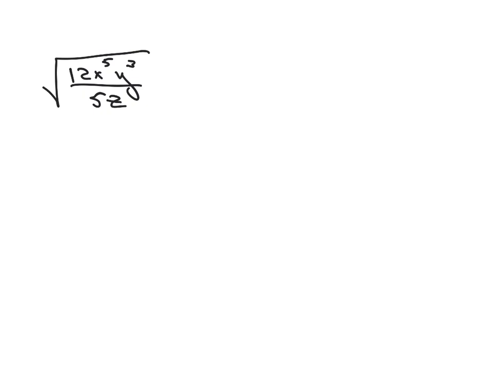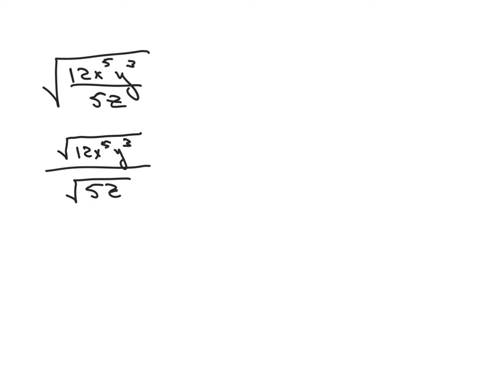Now, the first thing you're going to do when you simplify this is you're going to change this to 12x to the 5th y cubed, square root of that, over 5z, square root of that. So by separating the two there, we can simplify the top, simplify the bottom, which we can't do. That's as simple as we can go. So we can simplify the top and make life a lot easier on us.